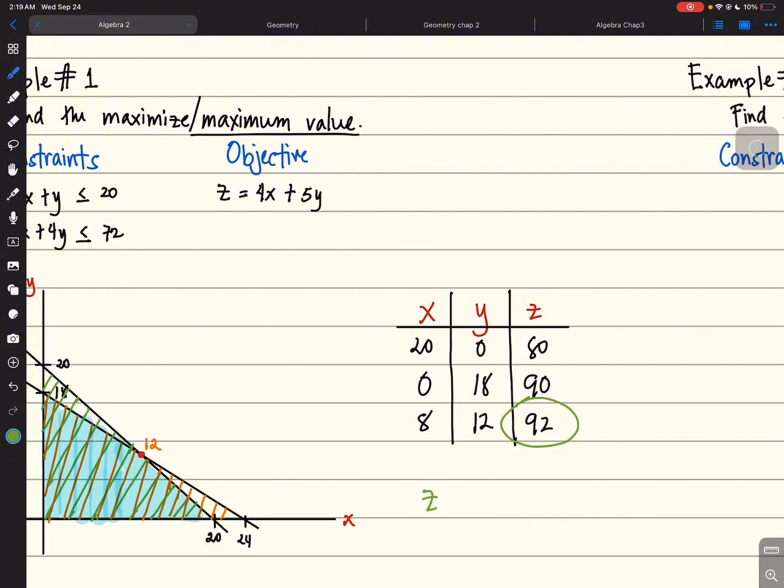So for you to write the maximum value, that is Z, open parenthesis. So write the x and y intercept, so that is 8 and then 12, equals 92. So that's how you write the maximum value.